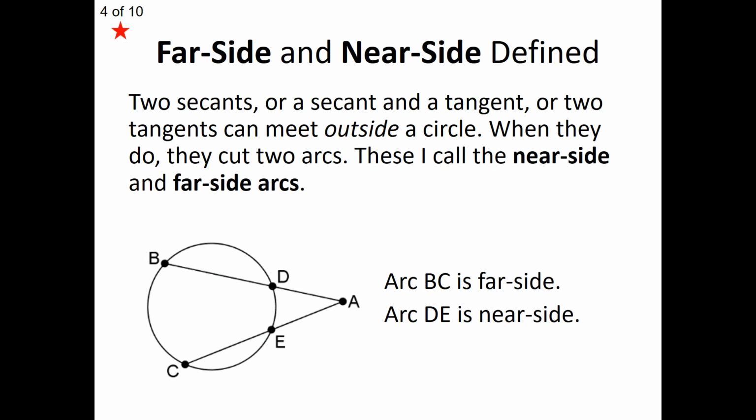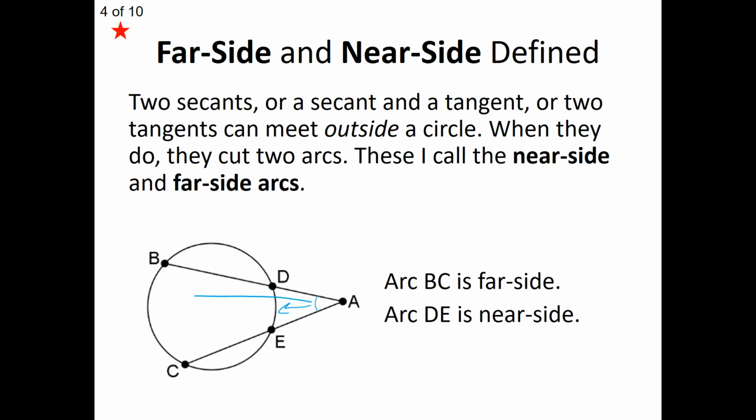In the diagram below, we have this point A, which is the intersection of two secants, and it's on the outside of our circle. We find that angle A, with its relative position, is closer to one of the two arcs that it's cutting. It's actually closest to this arc DE, which we're going to refer to as the near side arc. It's the one that's closest to where angle A is formed.